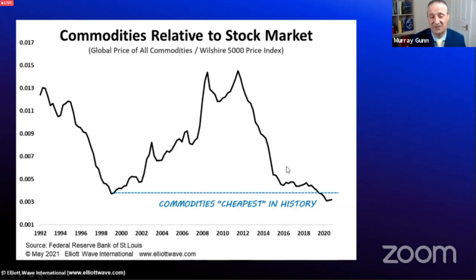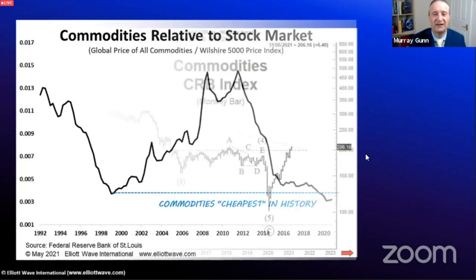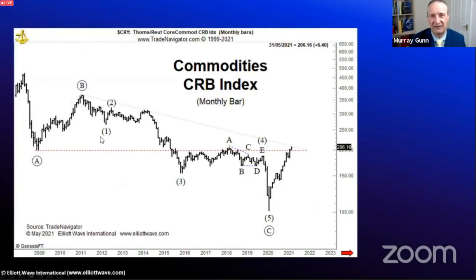Now, of course, looking at something relative doesn't mean to say that it's going to continue to go up on a nominal basis, but we think there's definitely evidence to suggest that the bear market in commodities has ended.